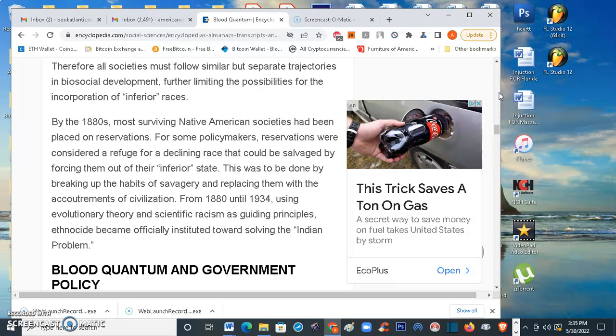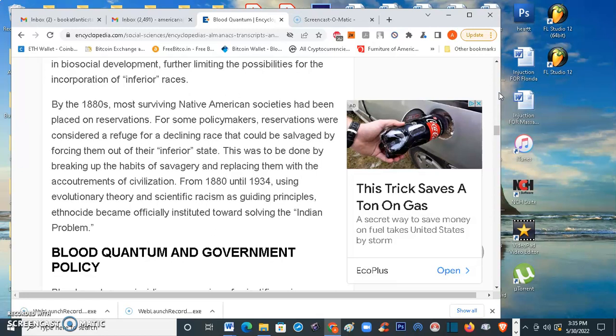You hear that, people? What you call maroon villages, reservations, all the same thing. For some policymakers, reservations were considered a refuge for a declining race that could be salvaged by forcing them out of their inferior state. And this is the principle the BIA uses, people, to this day. This was to be done by breaking up the habits of savagery and replacing them with accoutrements of civilization, hence the Five Civilized Tribes. I didn't say it, it's right here.